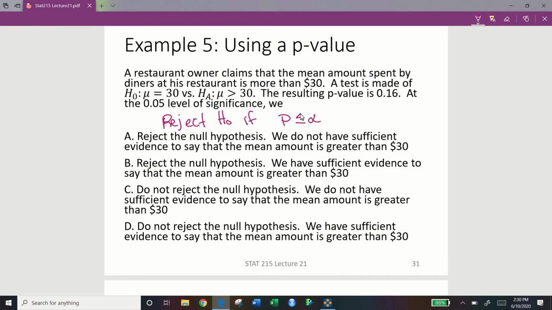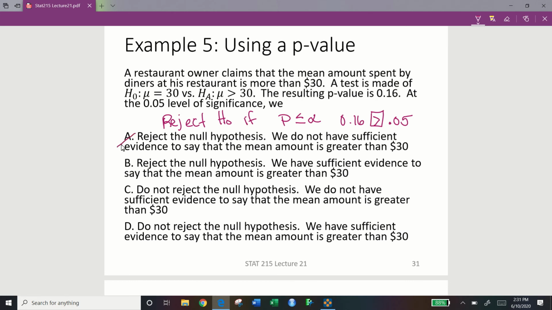Our p-value is 0.16. Our alpha value is 0.05. Is 0.16 less than or equal to 0.05? No, it is not. So this means we are going to not reject the null hypothesis.